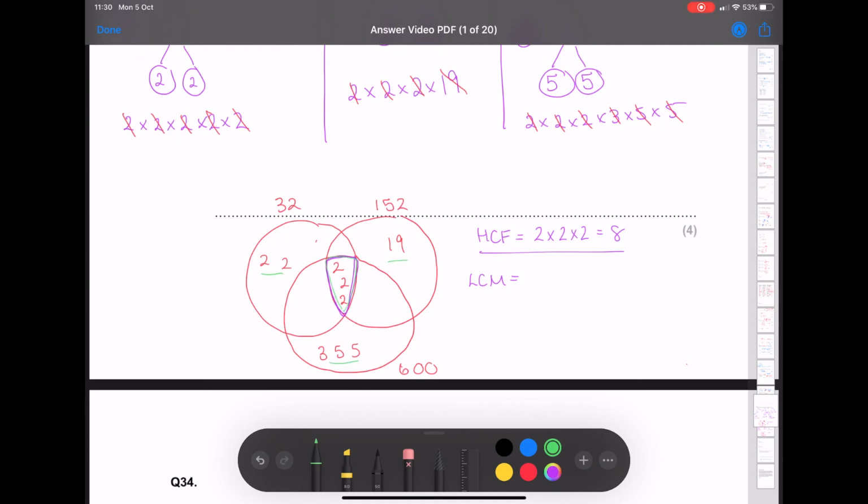So all of this: it's not plus, it's times, sorry. 2 times 2 times 2 times 2 times 2, so I've done that, and that. Times 3 times 5 times 5 times 19. And all of that together equals 45,600 as your lowest common multiple.